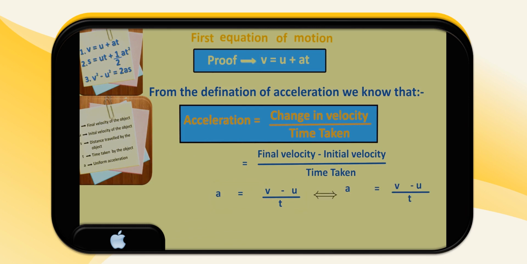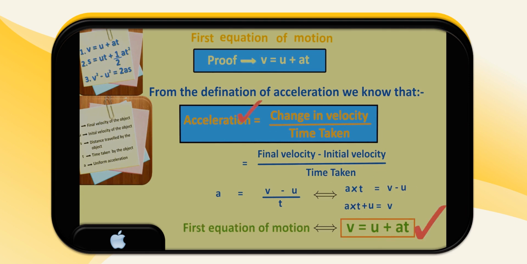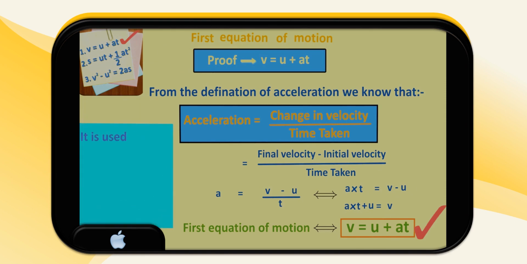That means acceleration a = (v - u)/t. On solving and rearranging this equation so that v becomes the subject of the formula, finally you get the first equation of motion. This equation is used to find the velocity v which is acquired by the body in time t moving with the acceleration a.